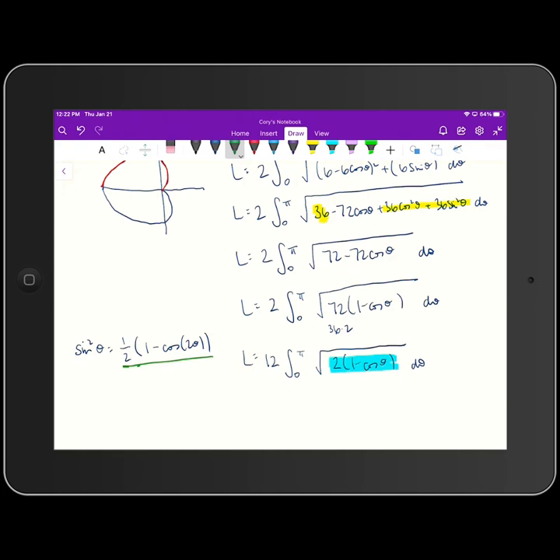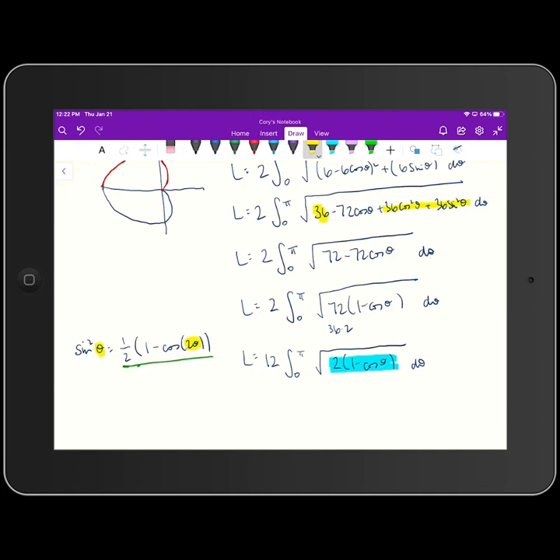Okay, so I'm going to use algebra to transform what I have on the right-hand side of the equation to what I have underneath the radical. So if I want to make my angle become theta, I'm going to take this angle here and divide it by 2.